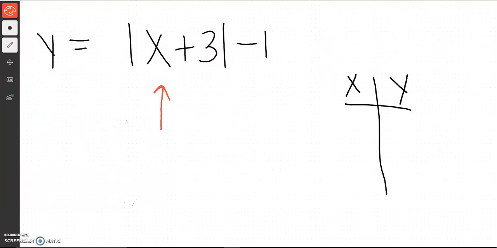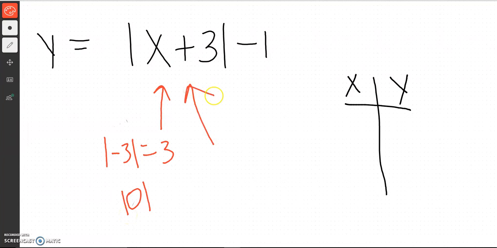Well, let's think for a second. It can't be negative. And the reason it can't be negative is anytime an absolute value is negative, it turns it into positive. So if you had like a -3 in there, you get a +3. So that's not as small as it could possibly be. So I got to think about the smallest possible positive number, which would be 0.